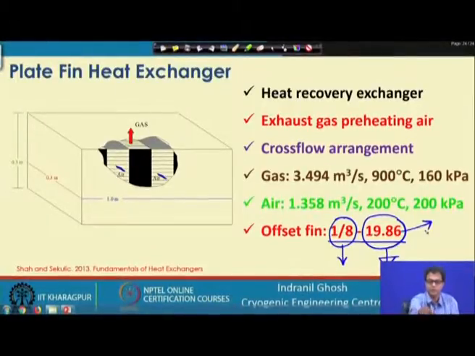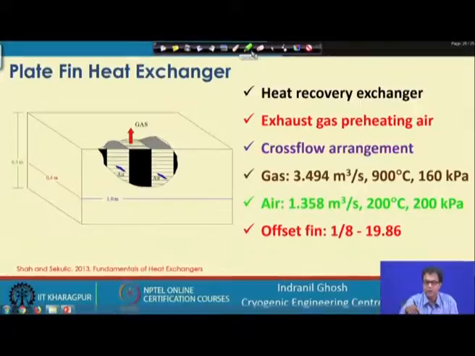When we have this knowledge about the offset strip fin, all the details are expected to be known. That means we will be able to find its fin height, fin spacing, the free flow area, etc.